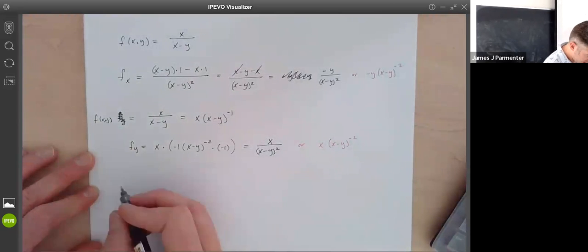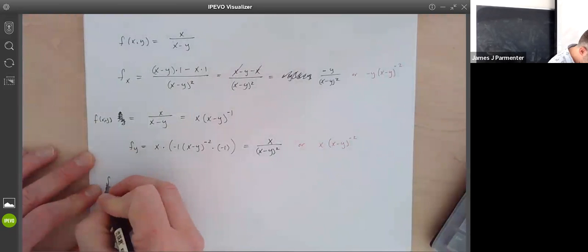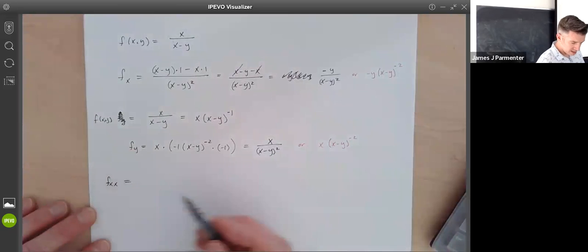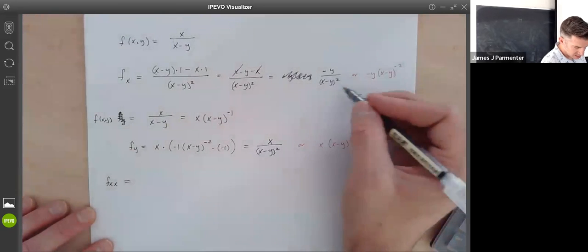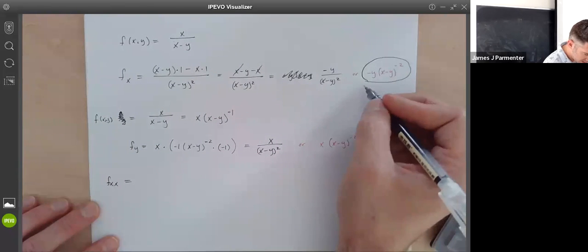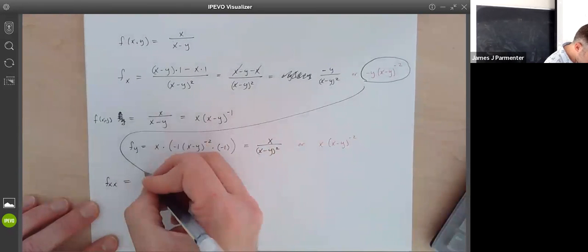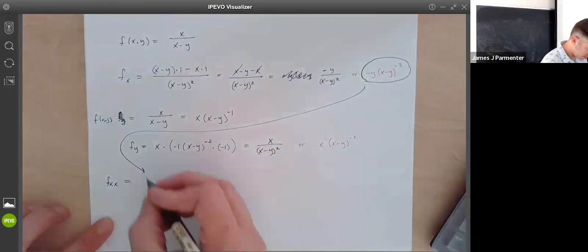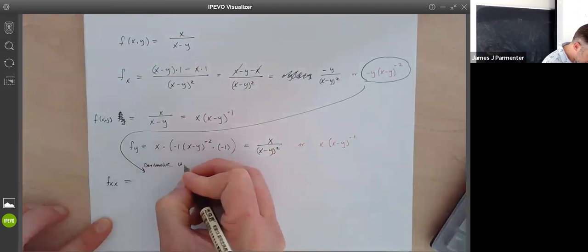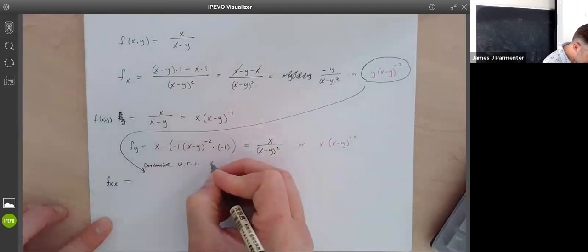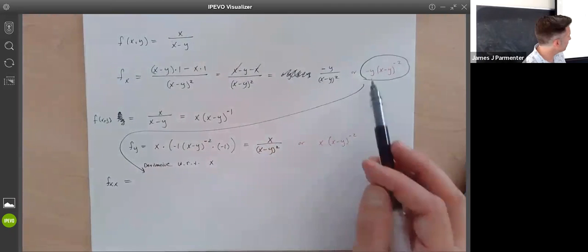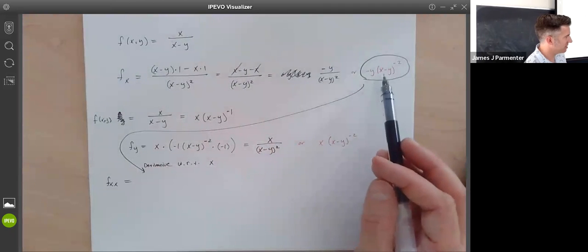Let's look at f x x. So I'm taking the derivative of that with respect to x. And I really think it's going to be nicer to write it like this.